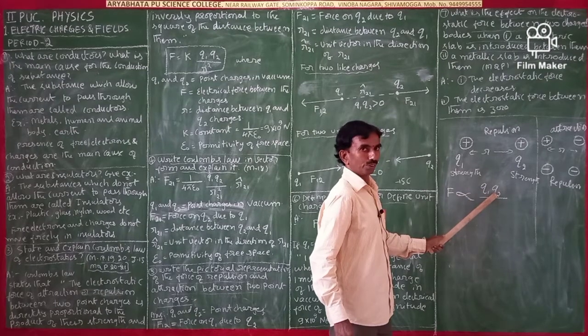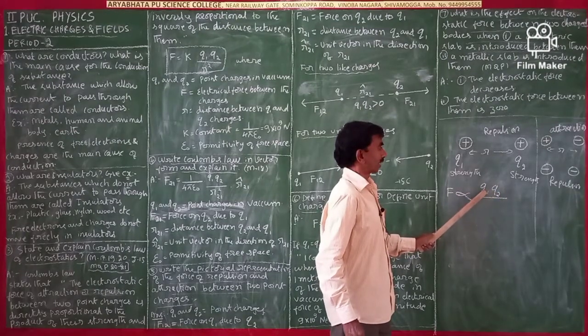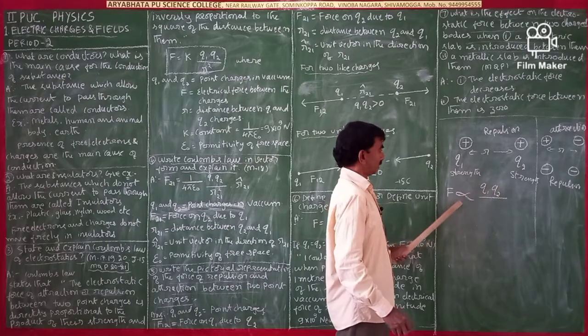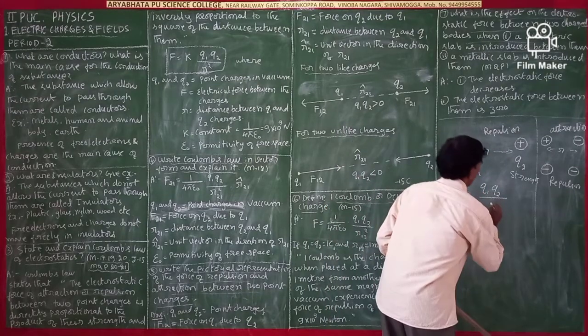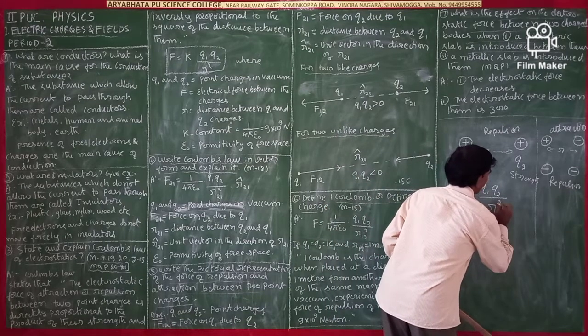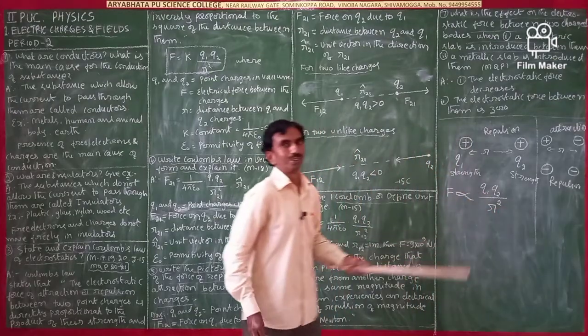Product means multiplication, that is, the product of the strengths, and inversely proportional. Inversely means divided by. Inversely proportional to the square of the distance between them.